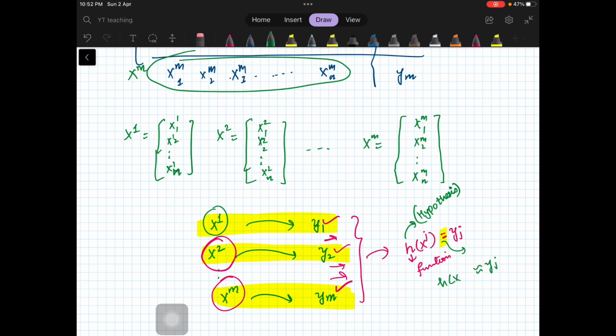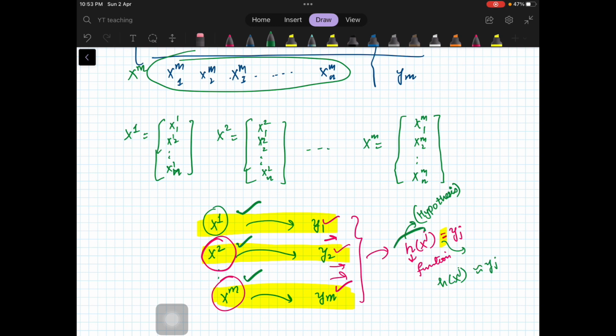So we are looking for a function such that, given these data points, we already have this data, so we have to work with it. We are looking for a function which at least works very well on these data sets, and then it works for our predictions also, right?